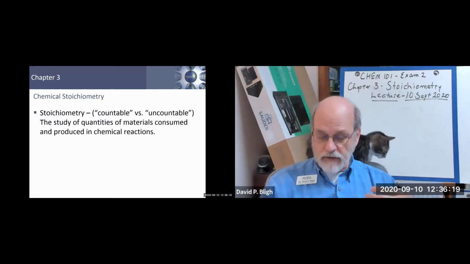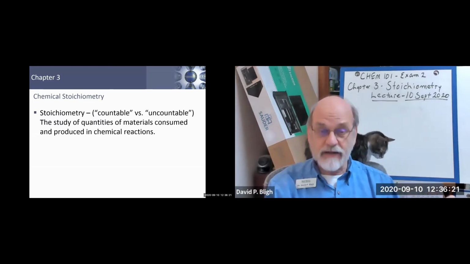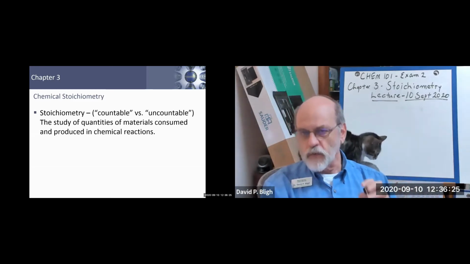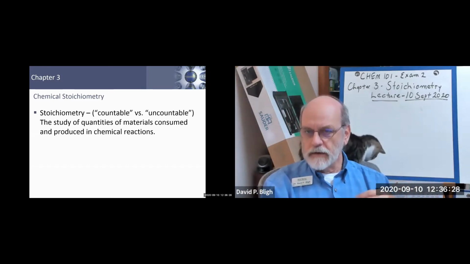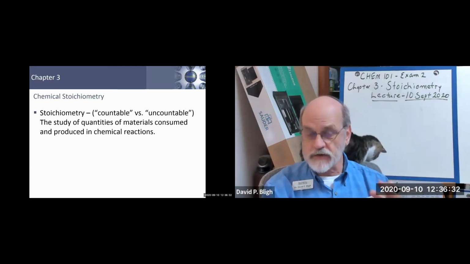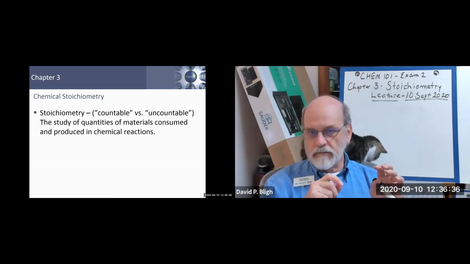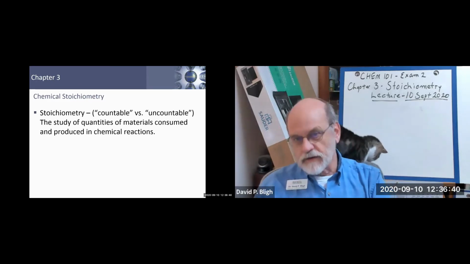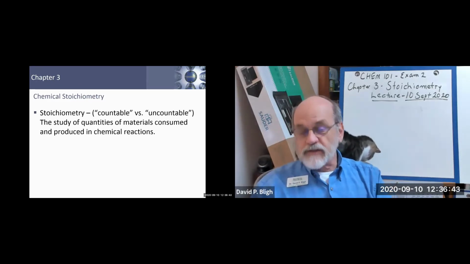And many types of reactions occur in solution. So we need a way to account for whether it's mass or concentrations or volumes, the reactants going into a reaction and what comes out. And that's called stoichiometry.